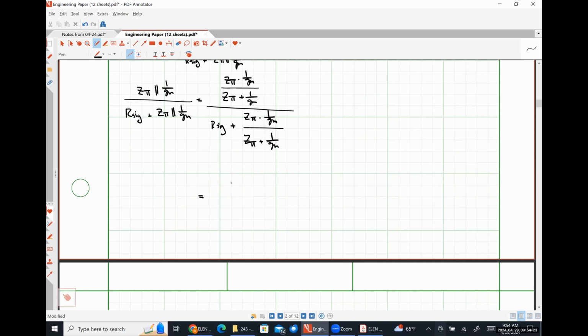So I'll have Z pi times 1 over gm divided by Z pi plus 1 over gm, all over R sig times, excuse me, Z pi plus 1 over gm plus Z pi times 1 over gm all over Z pi plus 1 over gm.